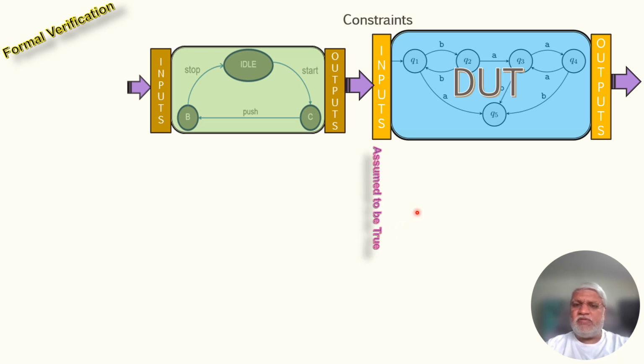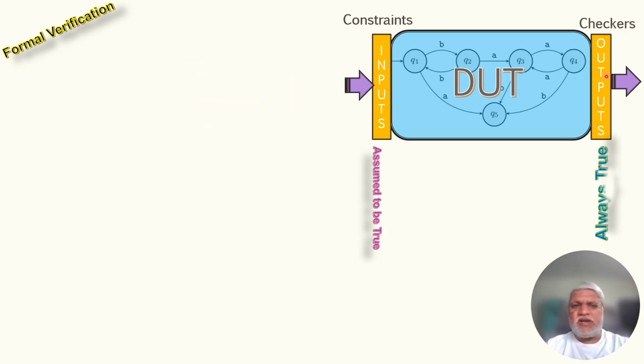However, when we consider the outputs, we know exactly how the model should work. We know this information based on the specifications. So we mention that the checkers' outputs are the desired outputs, so they have to be always true. The checkers are written either at the outputs or at the internal variables of the DUT, the internal cut points, using the assert directives.